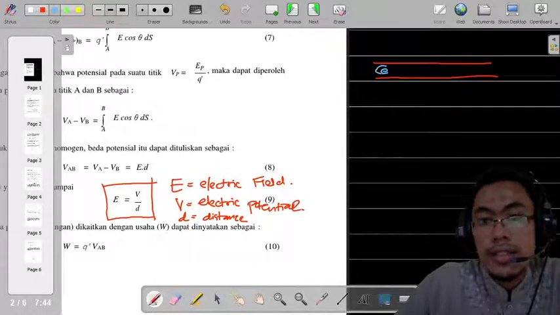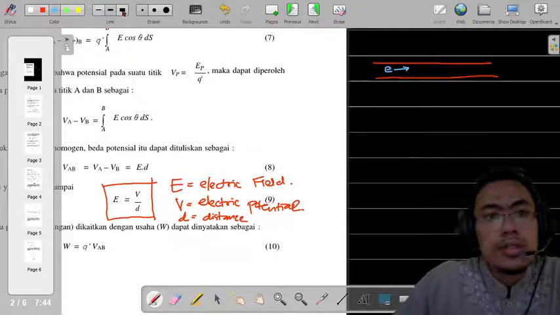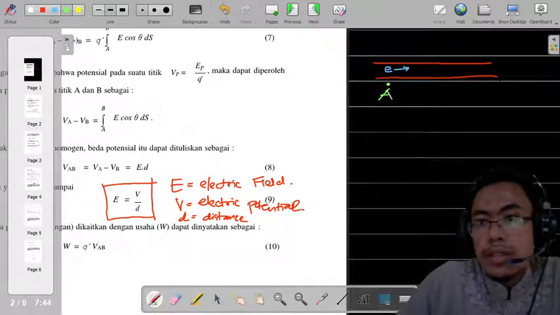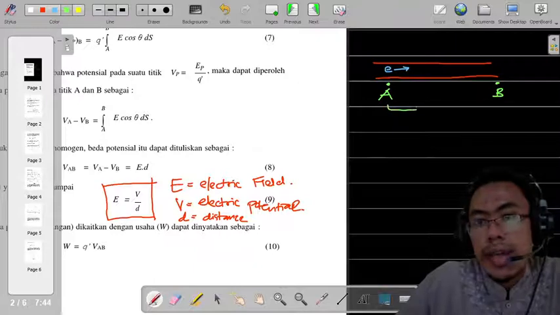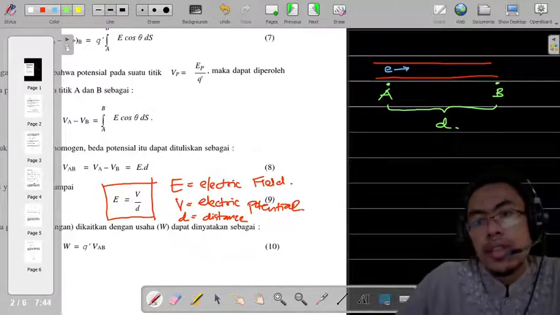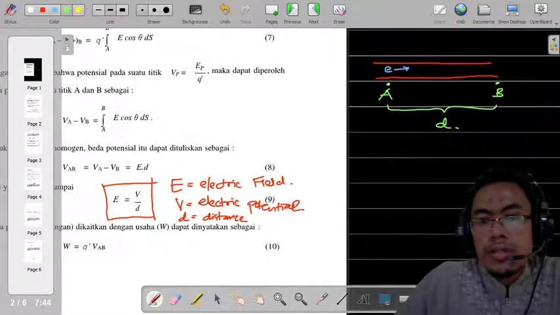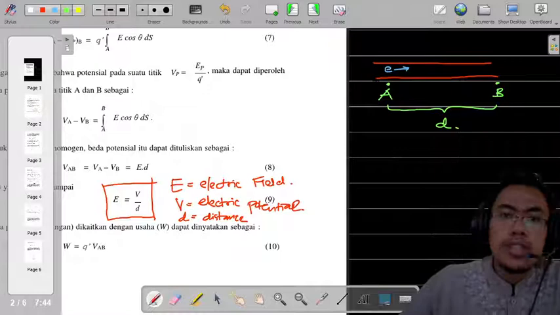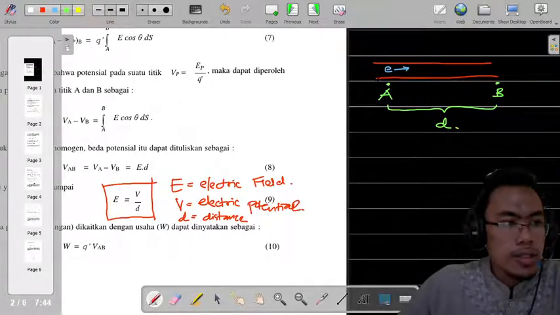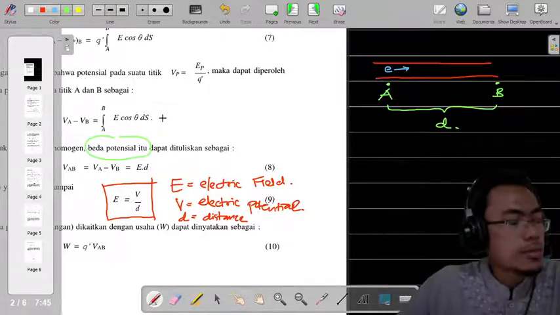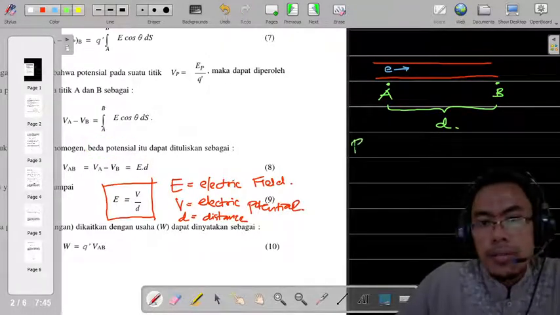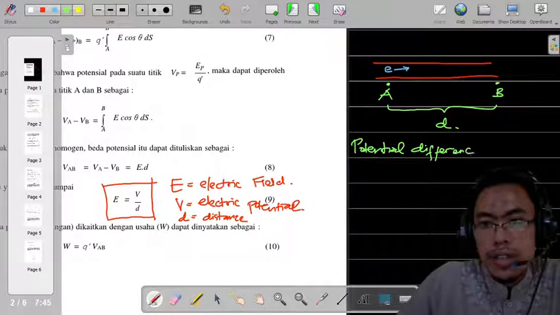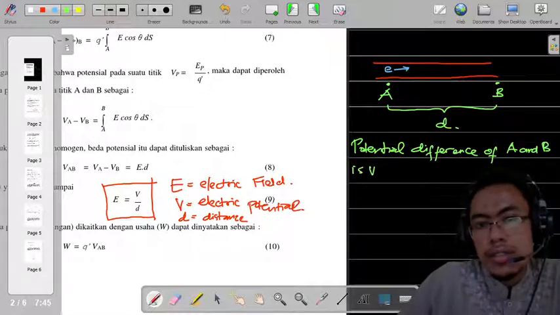So the electron moves from point A to point B, and the distance between A and B is D, and the potential difference of A and B is VAB.